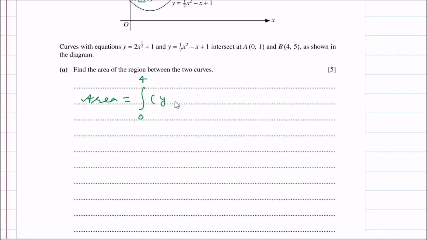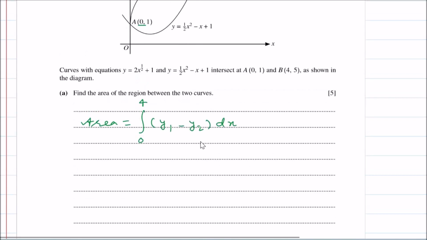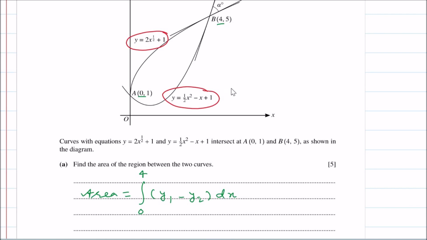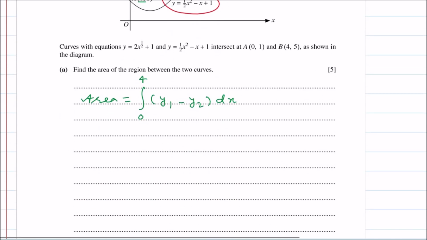Now y1 minus y2 into dx. If we do subtraction, after that if we integrate and put the limit, we'll get the area. So between the two curves, okay. Now I have taken this one as y1, this one as y2, because this is the upper curve, this is lower curve. So upper minus lower.